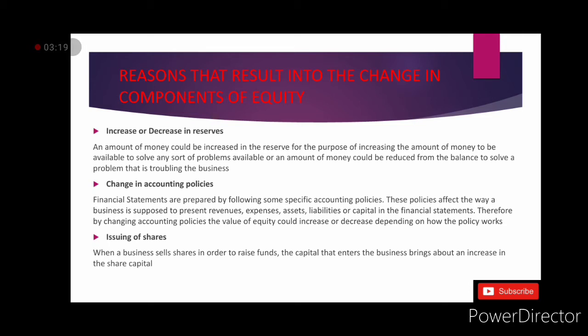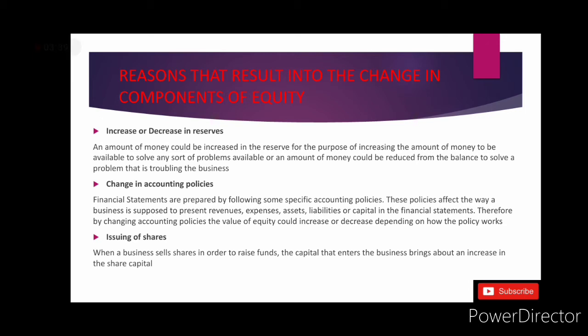Maybe the policies are also made to prevent a business from over recording, like from showing larger profits than what is realistically supposed to be there. So basically, these policies are there to show some sense of reality, some sense of truth in the financial statement. That's why these accounting policies are there.